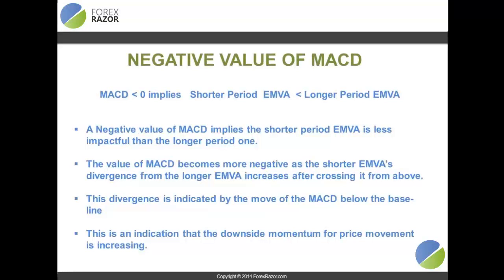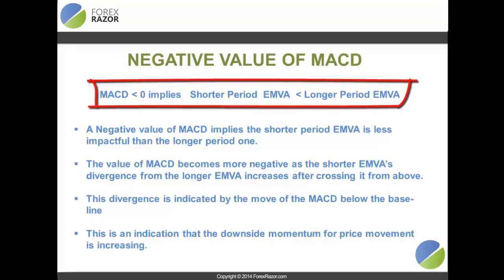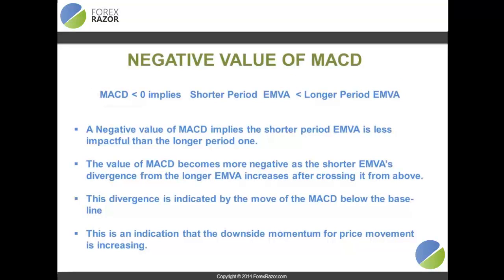Next, we have the case of a negative value of MACD. A negative value of the MACD indicator implies that the shorter period EMA, or the shorter period moving average, is less impactful than the longer period moving average and is trading below it.